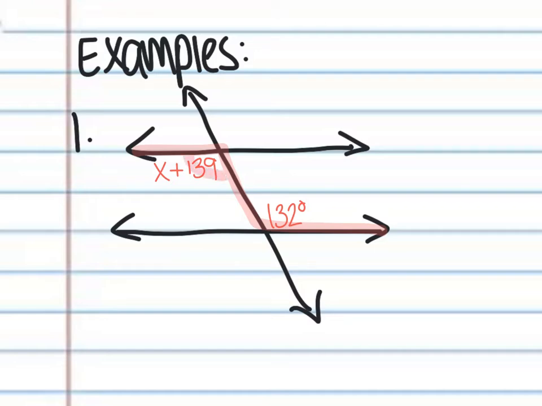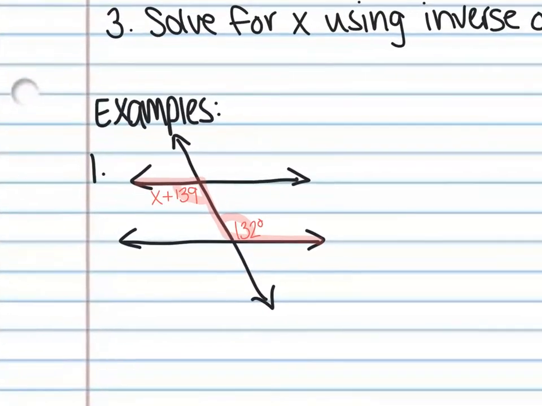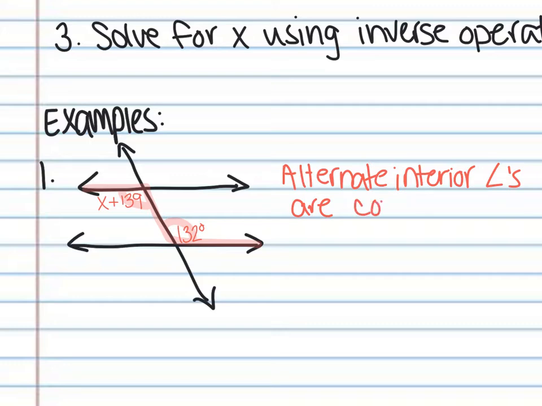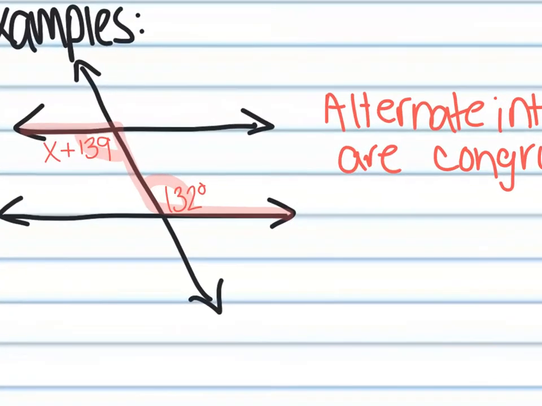And remember, that's for our alternate interior angles. So that tells me that these are congruent. Alternate interior angles are congruent. So I know that these two angles are the same.